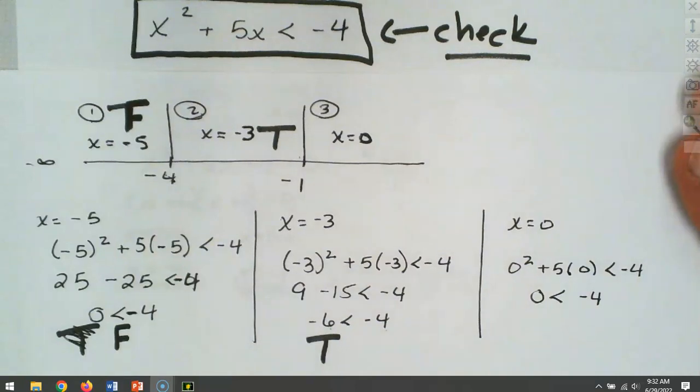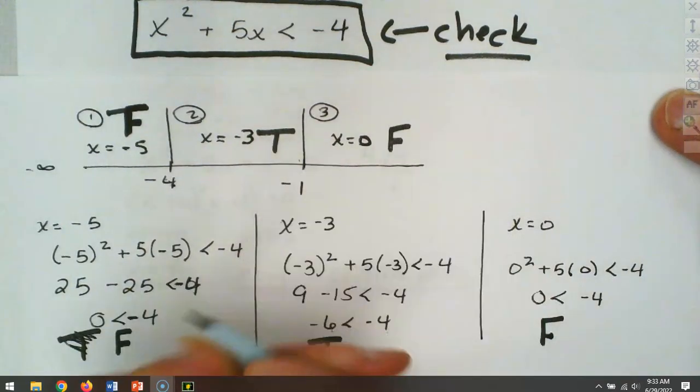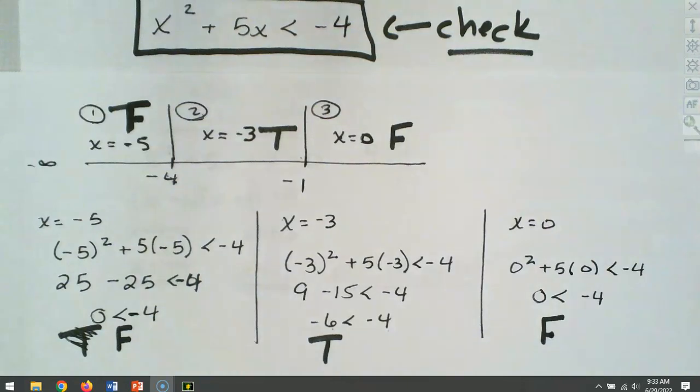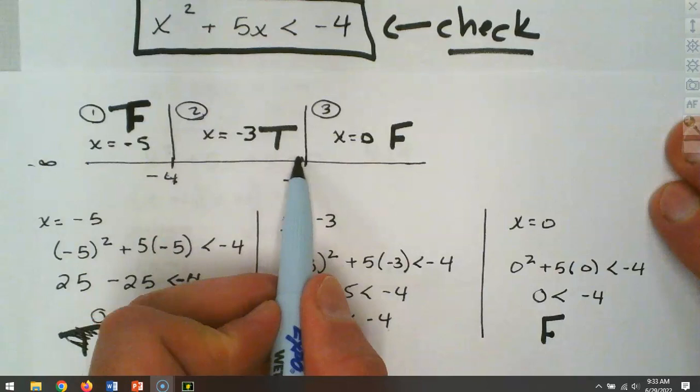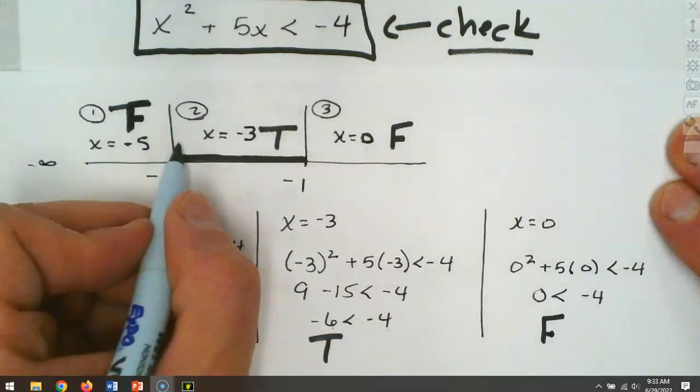And is 0 smaller than a negative 4? Nope, that would also be false, wouldn't it? Okay, now we've got these pieces labeled. And what we want is the section or sections that are true. In this case, the section that is true is right in the middle, region 2.